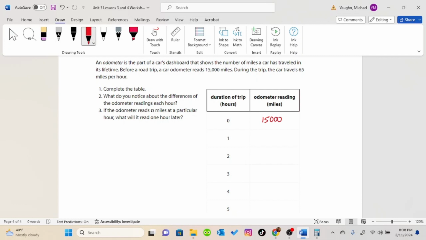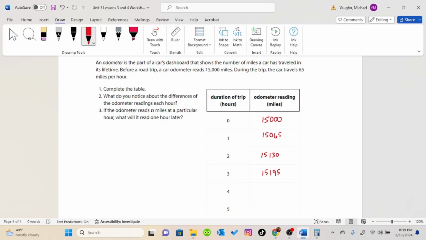After an hour, we add another 65 miles, and we're at 15,065. Then we add another 65, and we're at 15,130. We drive another hour, we add another 65 miles, we're at 15,195.